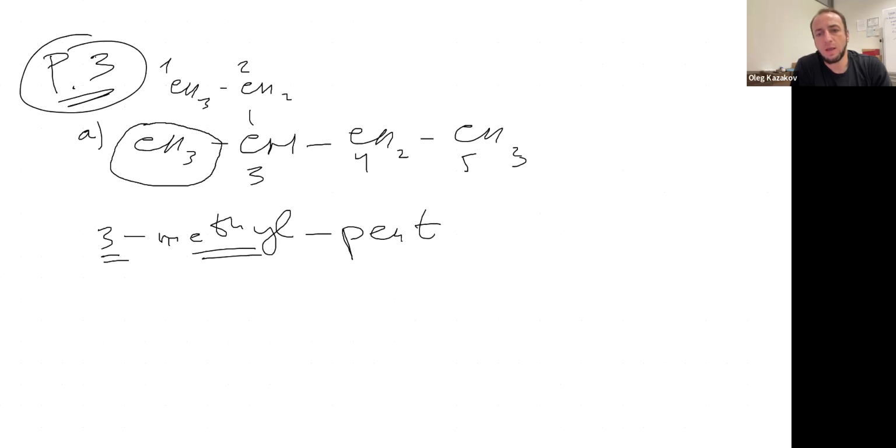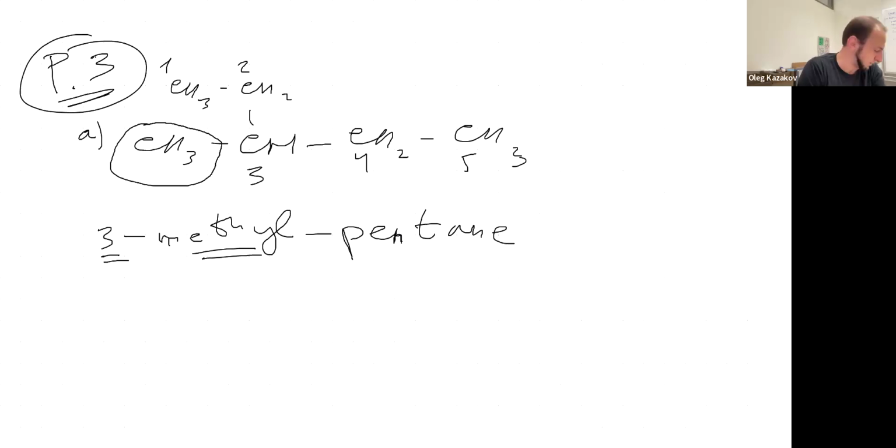Pentane. 3-methylpentane. So that's it, done, right? Don't call it methyl 3 pentane. That's not quite what we're looking for. First comes the position of the carbon, then the name of the substituent on that very carbon, and then the name of the main chain according to the number of carbons that we have in it: 3-methylpentane.